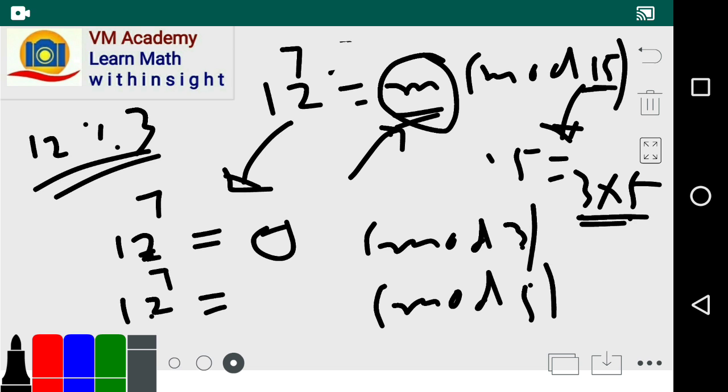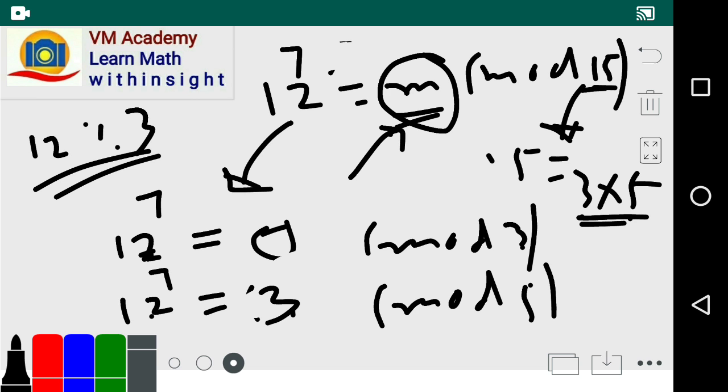And 12 raised to 7 modulo 5: replacing 12 by the remainder of 12 divided by 5, that is 2 raised to 7. Again we can replace 2 raised to 7 by 128, and 128 divided by 5 gives remainder 3.